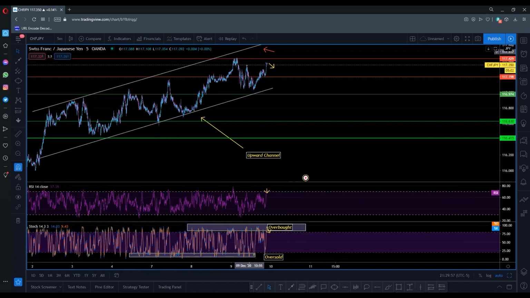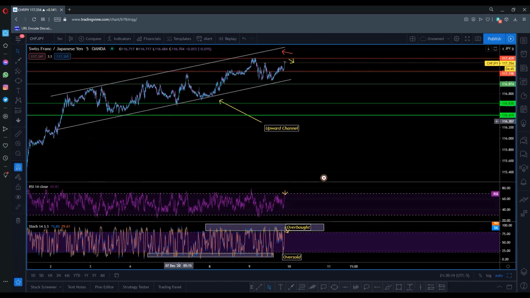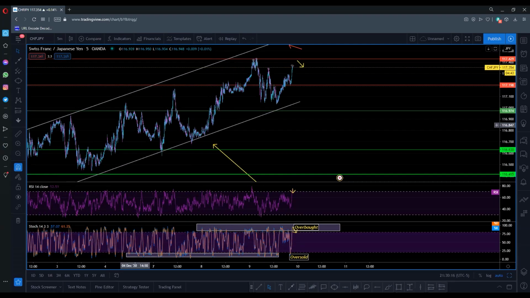Either way, it's already trading near the high end of the channel. Although historically, it's been bouncing back down after creating a higher high, it doesn't necessarily always have to be the case. If we go backwards for a bit, here's an example.